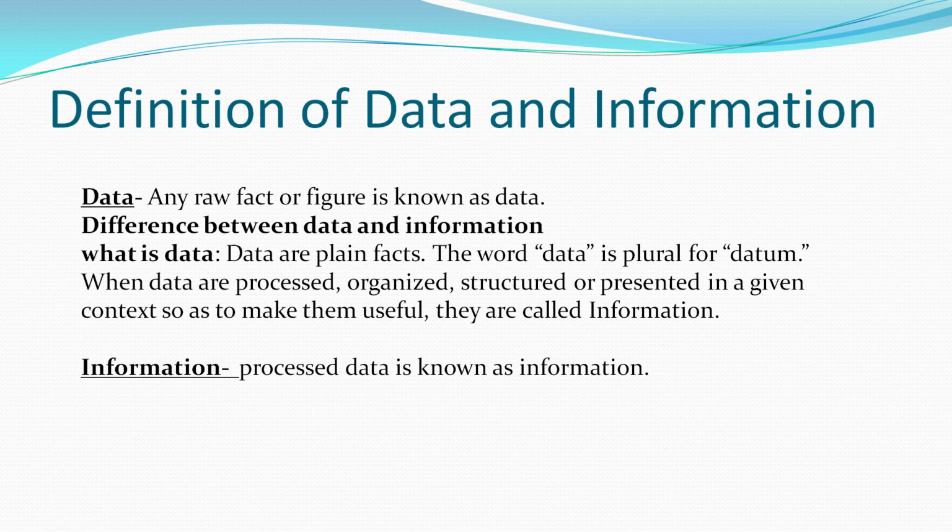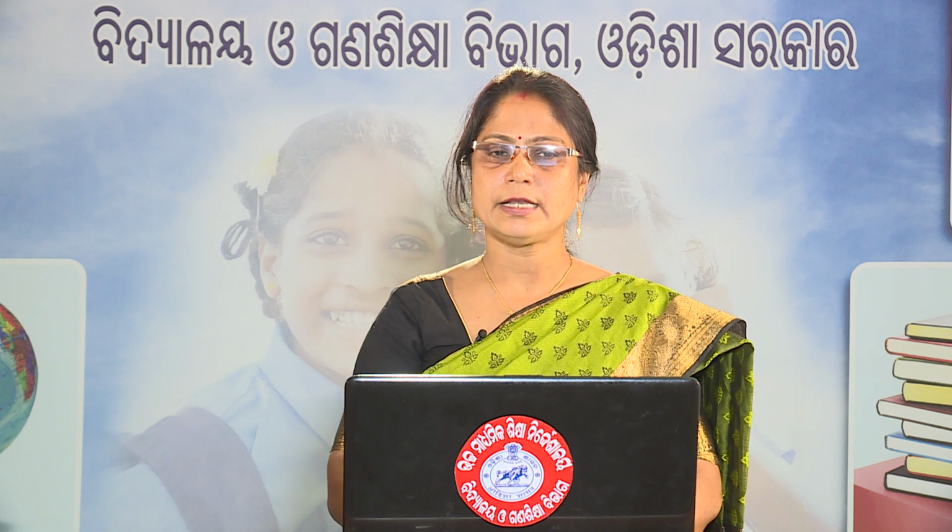When data are processed, organized and structured and presented in a given context to give a particular meaning or to make it useful, then that is called information. Or otherwise we can say that processed data is known as information. When data gets processed, after that we call it information.